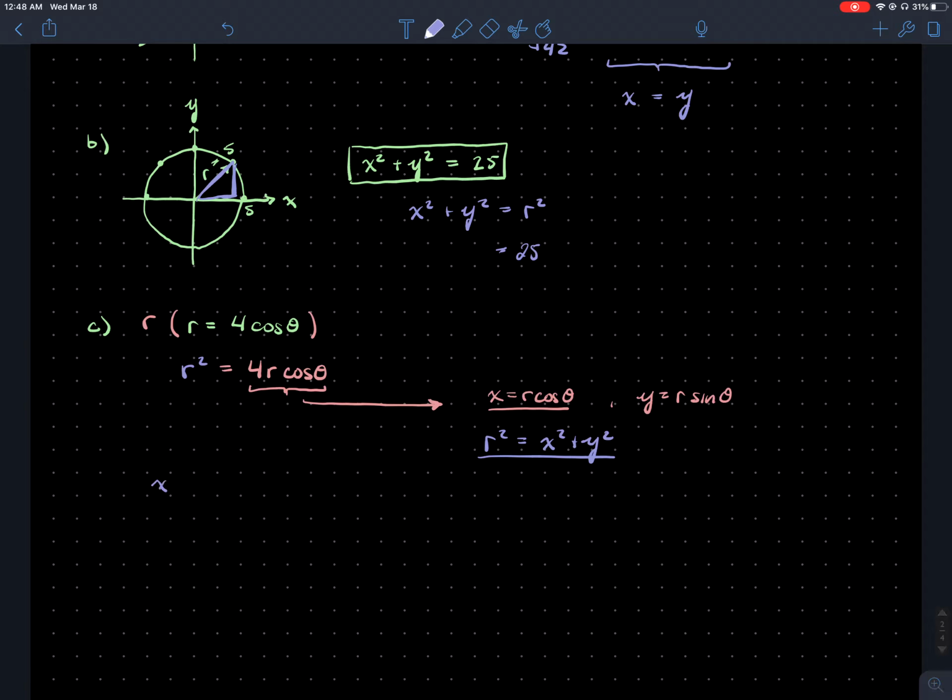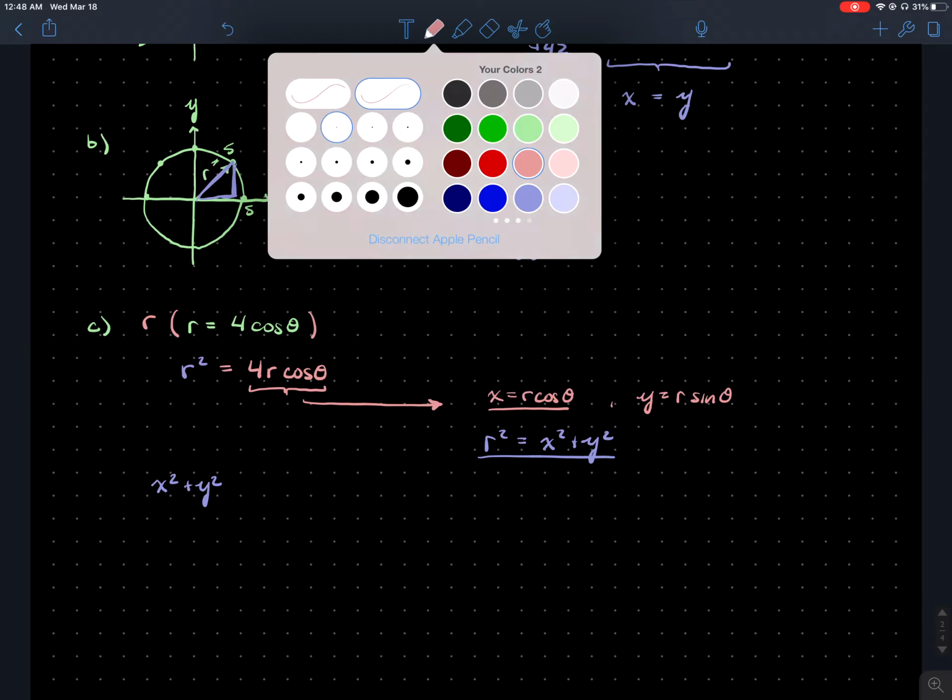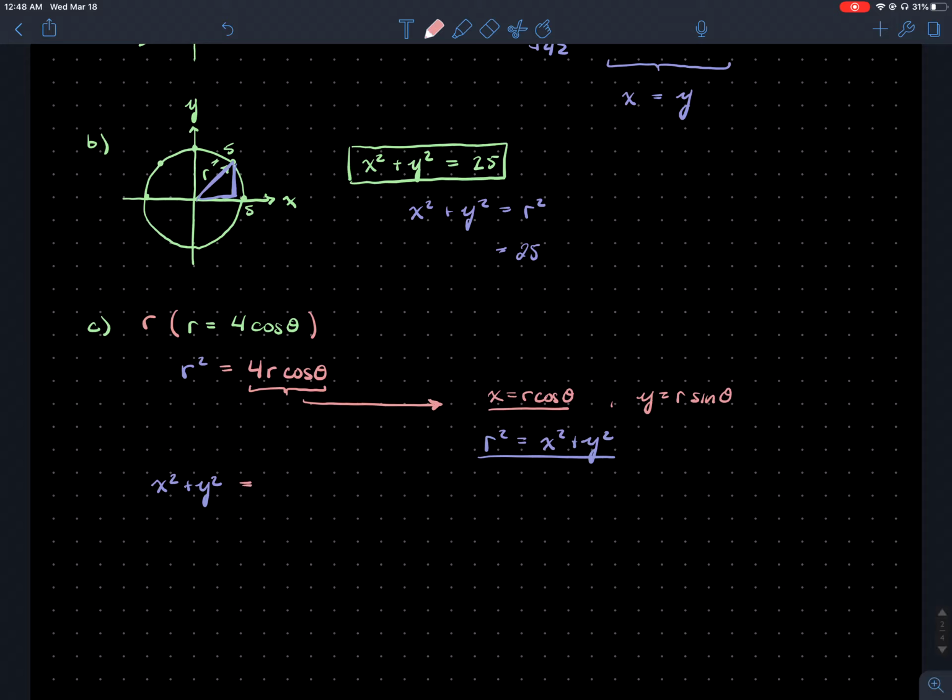So we can say that x squared plus y squared is equal to 4, and we're making this substitution right here, times x. Okay.